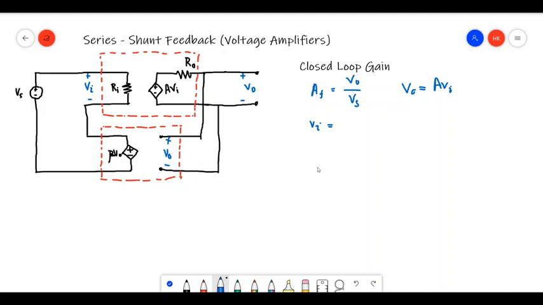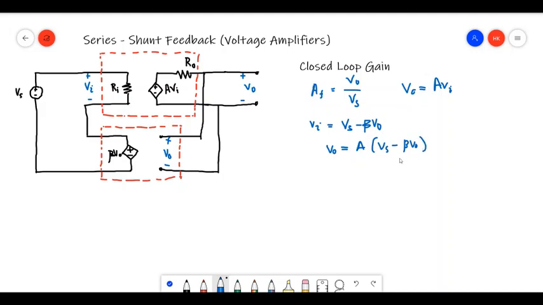So Vs minus beta Vo is equal to Vi, right? So we can substitute it here. Then I can write Vout equal to A times, instead of Vi, Vs minus beta Vo.